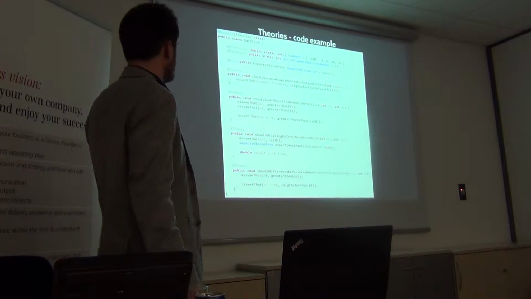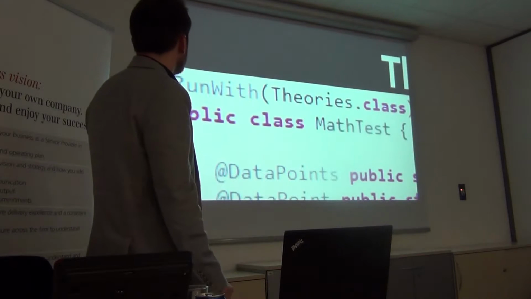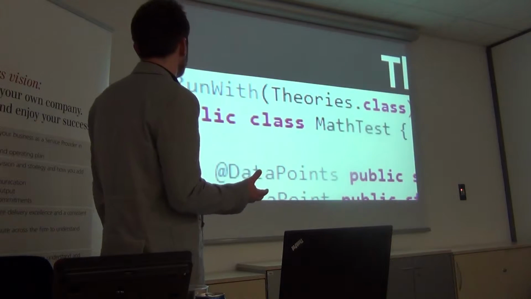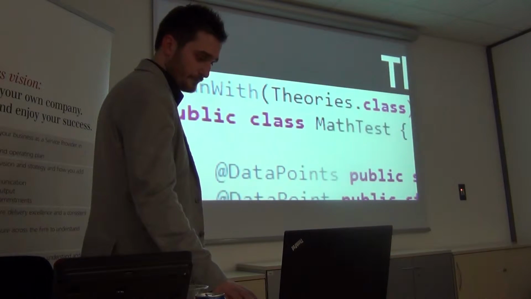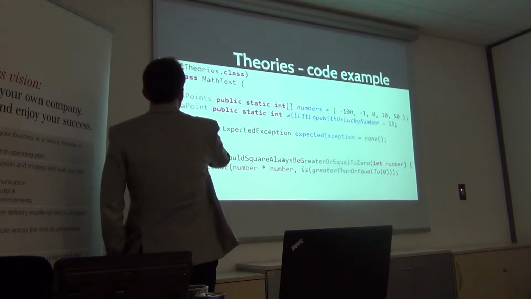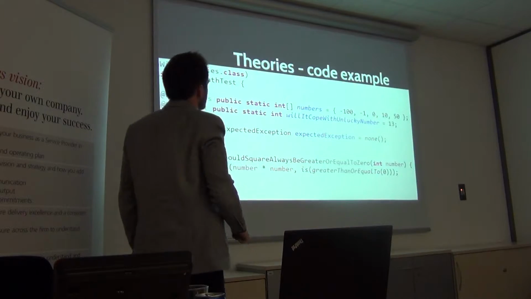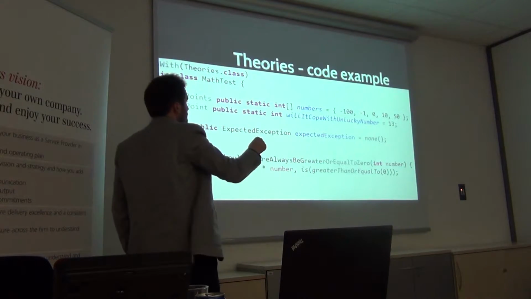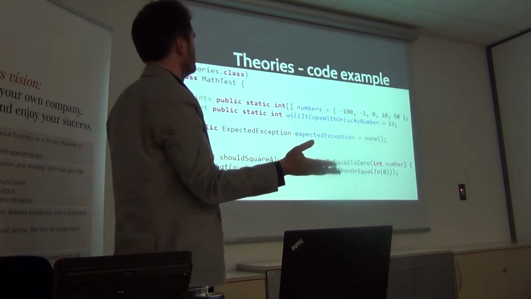So this is the example of a theory. As I said, you use Theories to run the test with. You specify data points. You can use the DataPoints annotation to specify a set of data and DataPoint to specify a single data point.